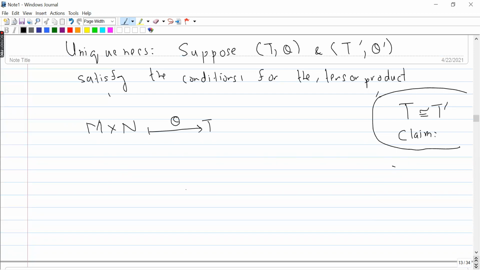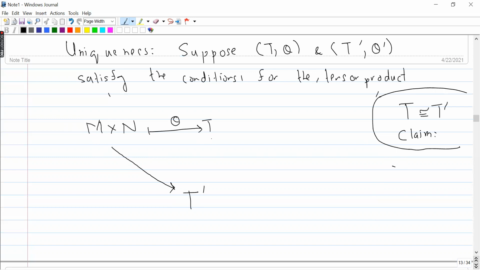So what is the universal property? Whenever we have a bilinear map from M cross N to another module, then we can always construct a linear map from T to this thing. So here I am writing T dash now.